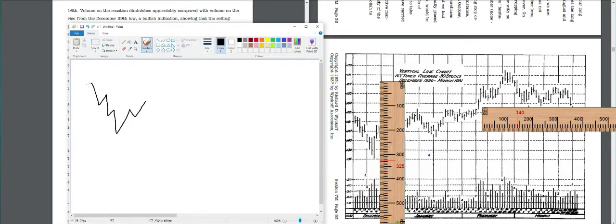That point is a start, that point the end. So imagine you're looking at the daily on the right hand side. Imagine this is the hourly.